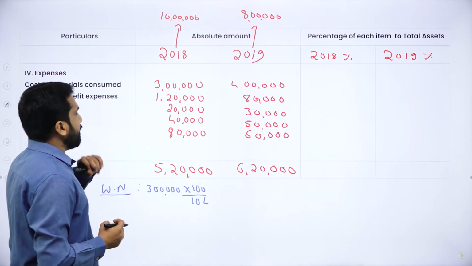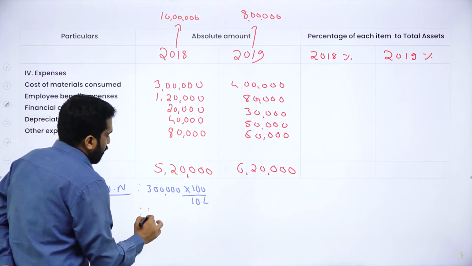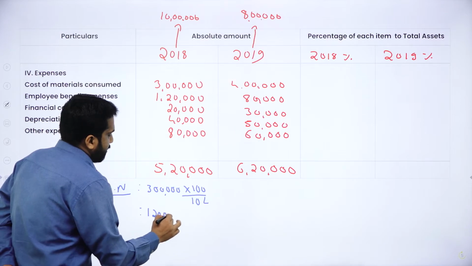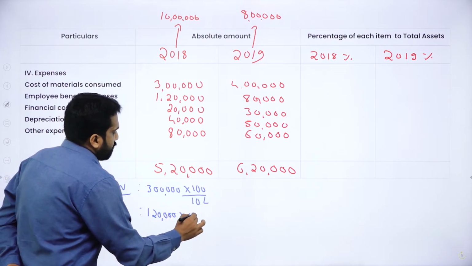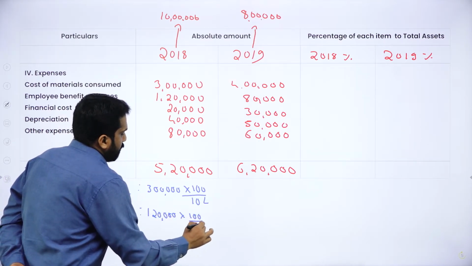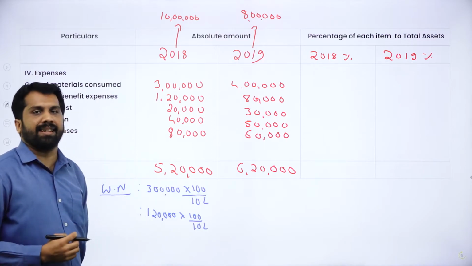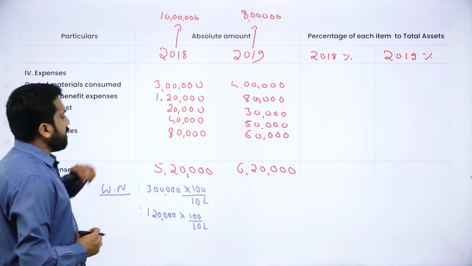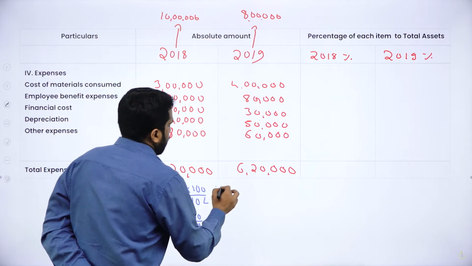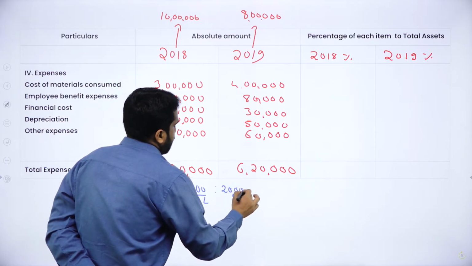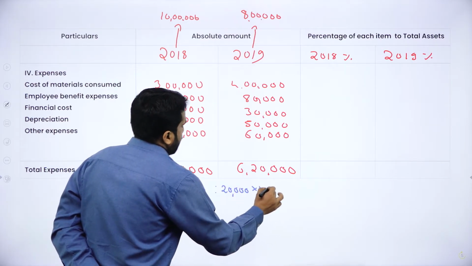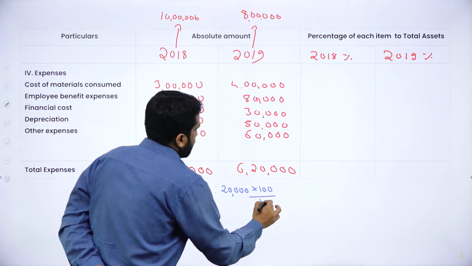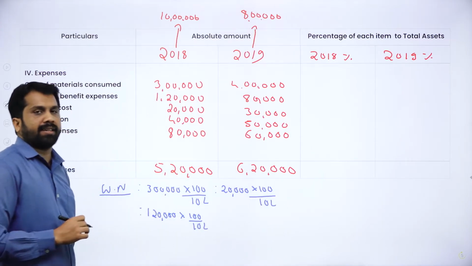Now, second one, 1,20,000 multiplied by 100, the base is 10 lakh. Now, 20,000 multiplied by 100, the base is 10 lakh.